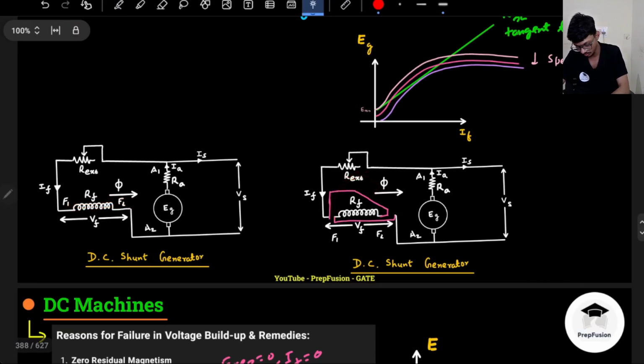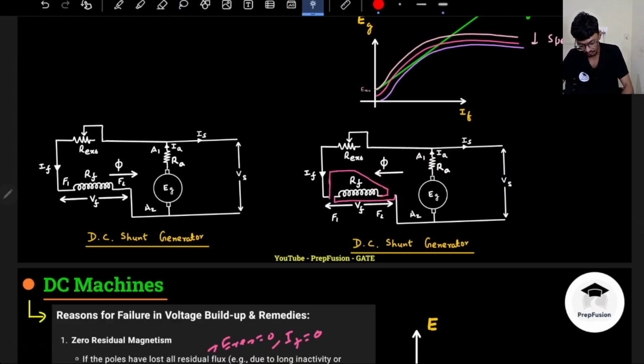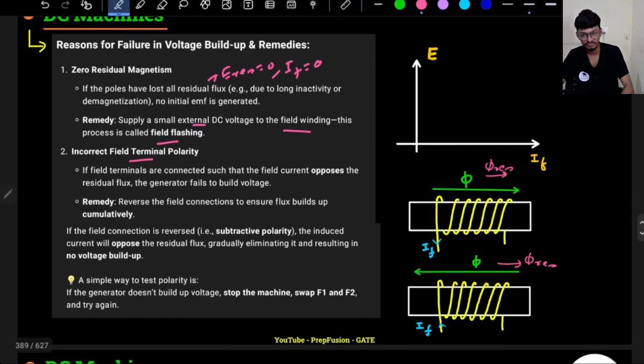So the flux line also will change, flux direction also will change. If the flux direction changes, and there is some current, it will further reduce the overall flux, right? Because previously, if my residual flux was there and due to that some IF current was flowing, my phi total was equal to phi residual plus the phi dash additional.